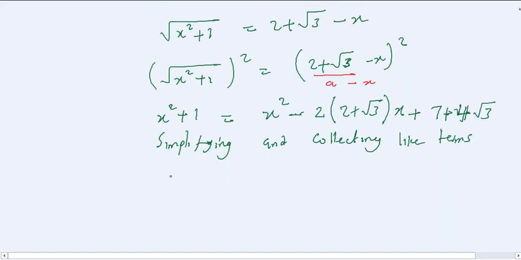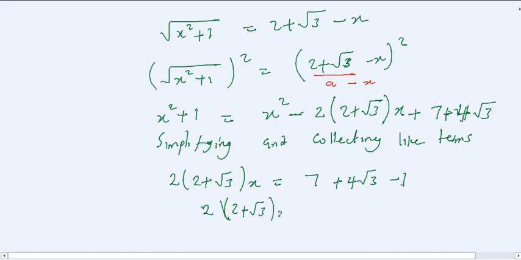We will have at the end of the day 2 open brackets 2 plus root 3 x is equal to 7 plus 4 root 3 minus 1. Then this is 2 open brackets 2 plus root 3 x is equal to 6 plus 4 root 3.